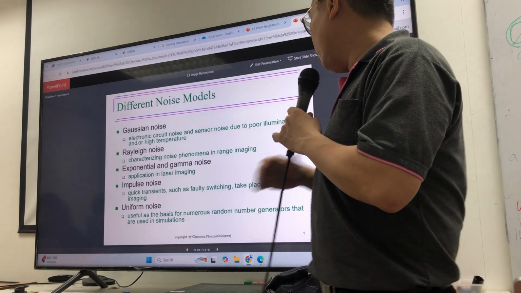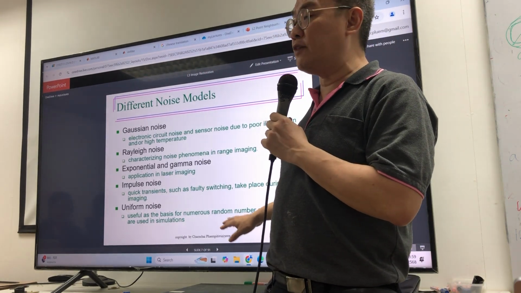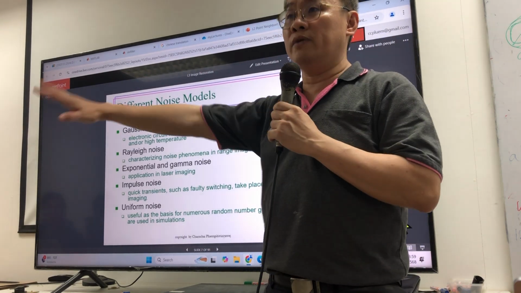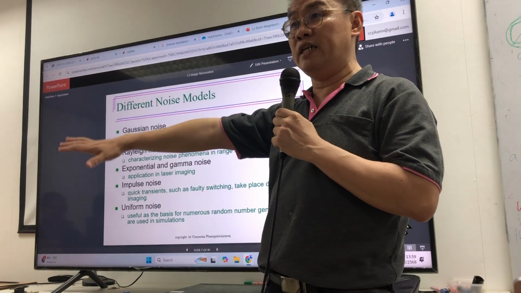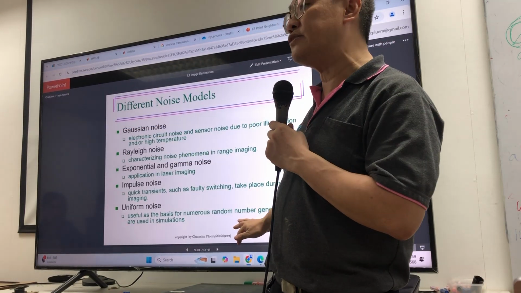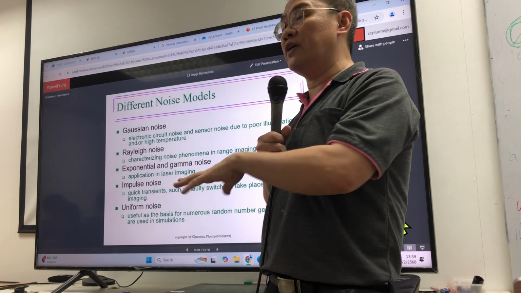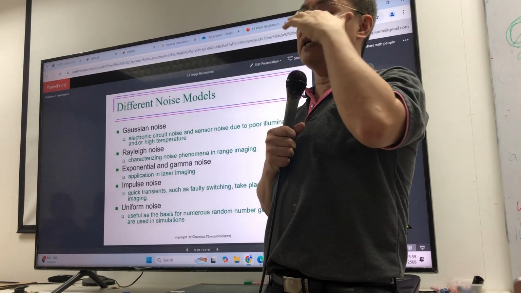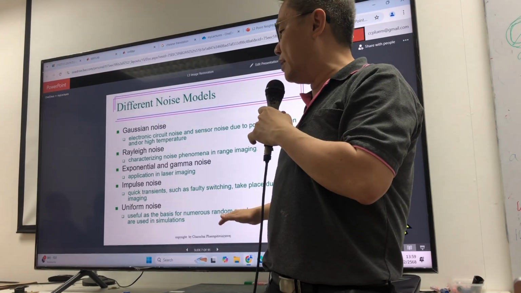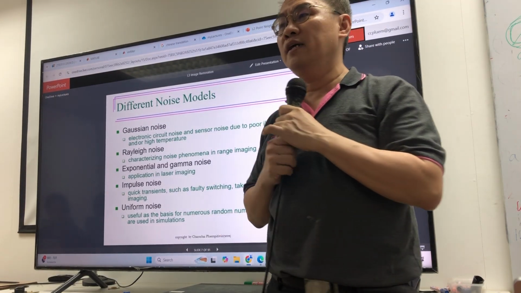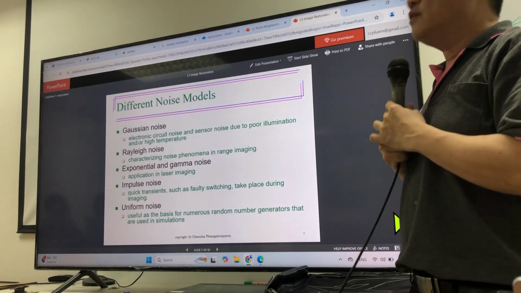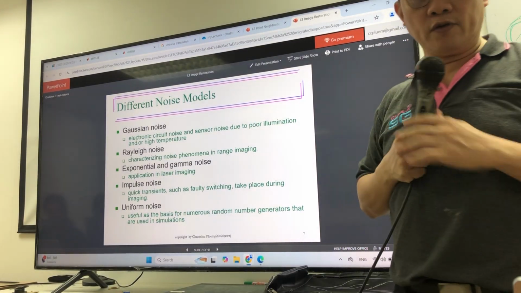Uniform noise usually does not happen in real life. We can just model it in simulation. It's the easiest to get rid of. So if you come up with a filter to get rid of a certain noise, you might want to try it with uniform noise first. If it works, then you can apply it to real-life noise.